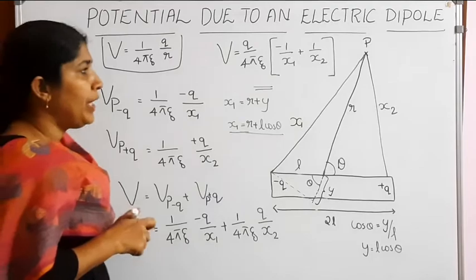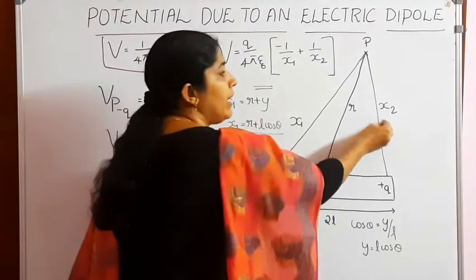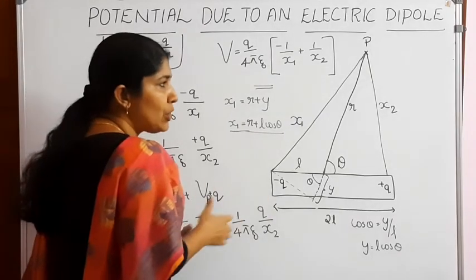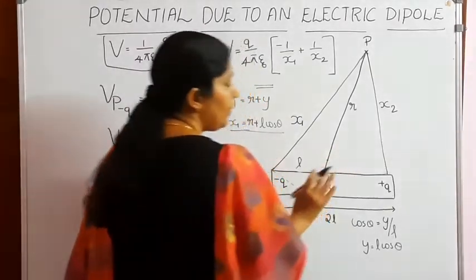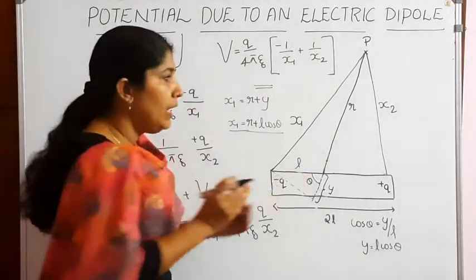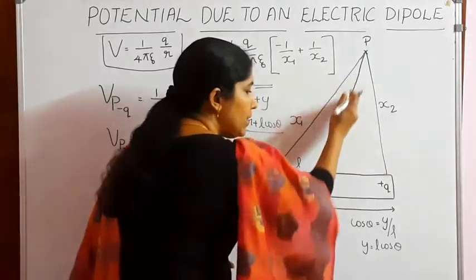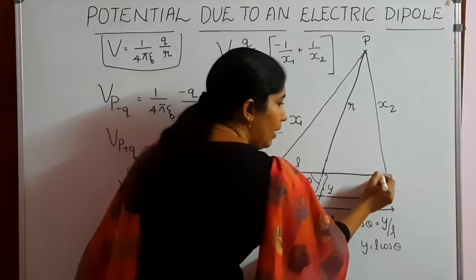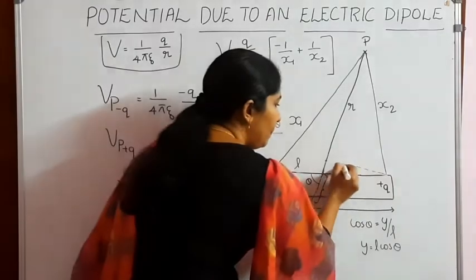Similarly, we want to find x2 in terms of r. To find x2 in terms of r, we draw a perpendicular from here to this length r. This is the perpendicular.